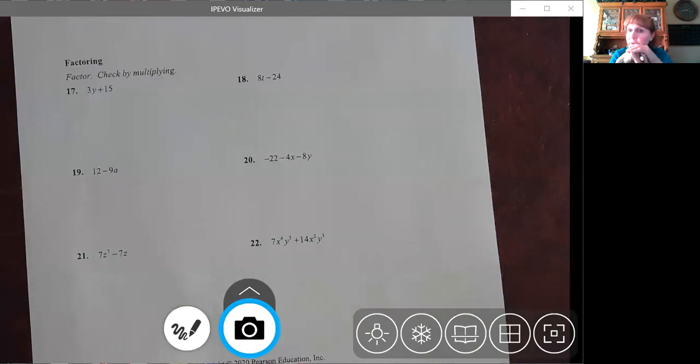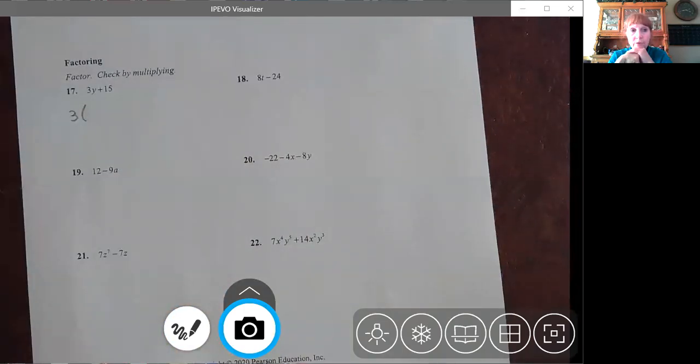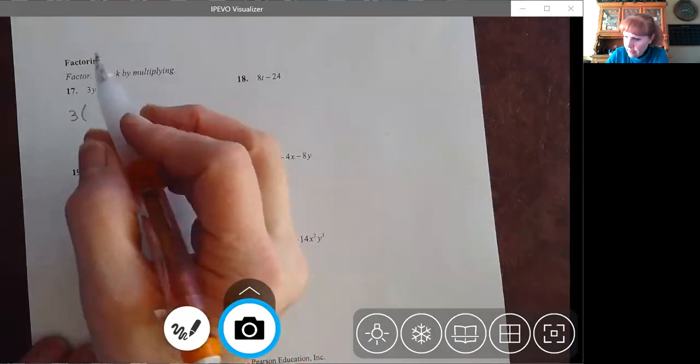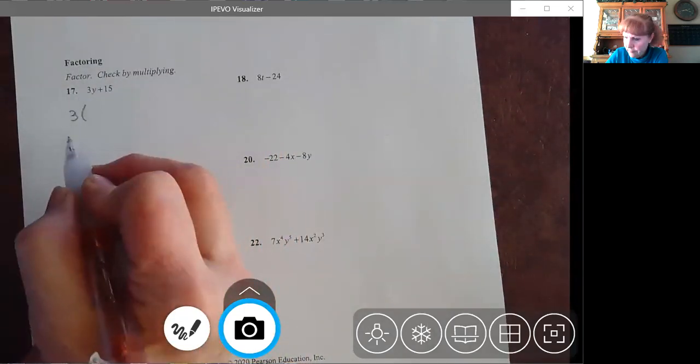What goes into 3 and 15? Now there's not a common variable, so we're not going to have a variable out front. But 3 goes into both of those numbers. 3 goes into 3, 3 goes into 15. So take 3y divided by 3.